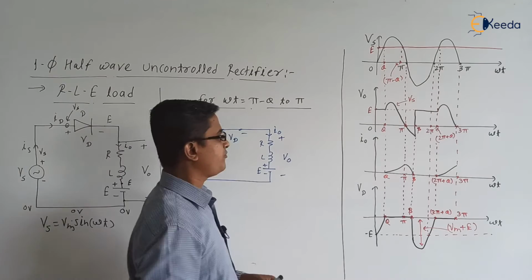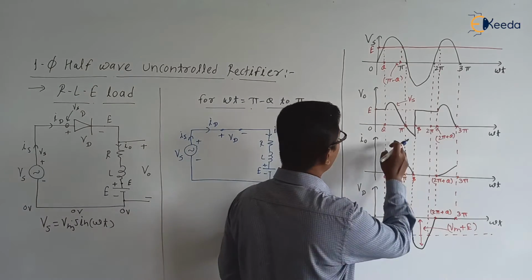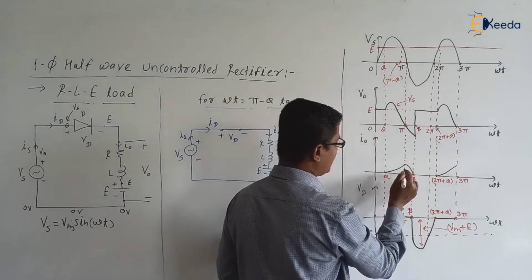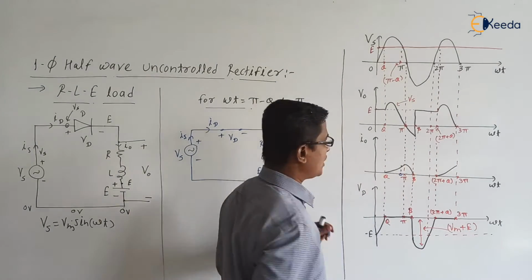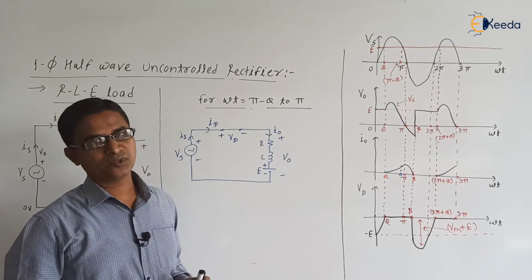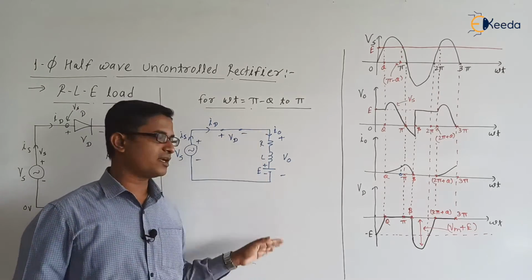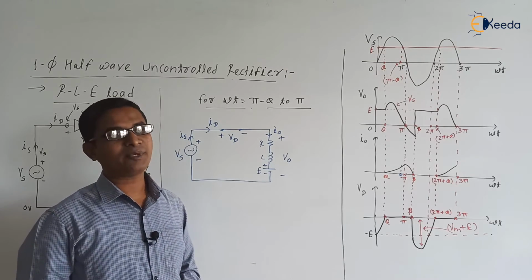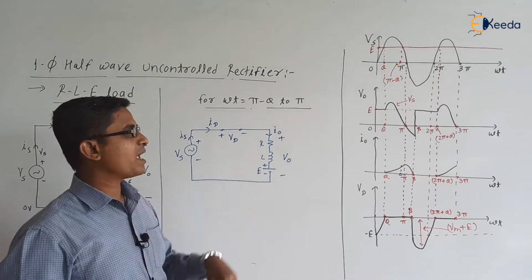Suppose this is pi minus theta, it will come somewhere here. At pi minus theta, I0 is positive. I0 positive means current in the circuit is in the downward direction.